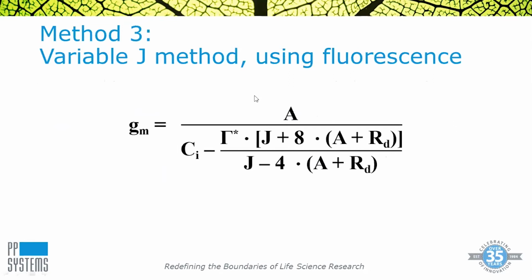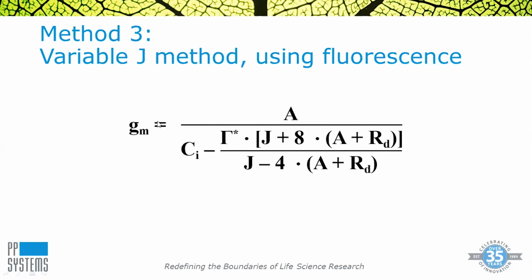The third method is called the variable J method, again using fluorescence. This uses a slightly different equation, where mesophyll conductance is a function of the assimilation rate, CI, the photocompensation point gamma star, electron transport rate, and dark respiration again.